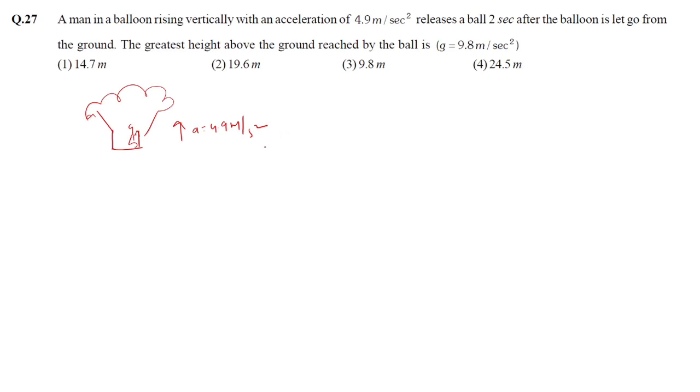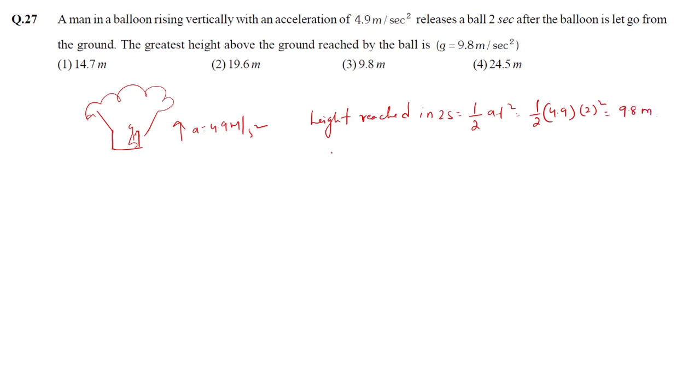So in that 2 seconds, with this acceleration, what is the height reached? Height reached in 2 seconds is half a t square, that is equal to half into 4.9 into 2 square, so 9.8 meter.